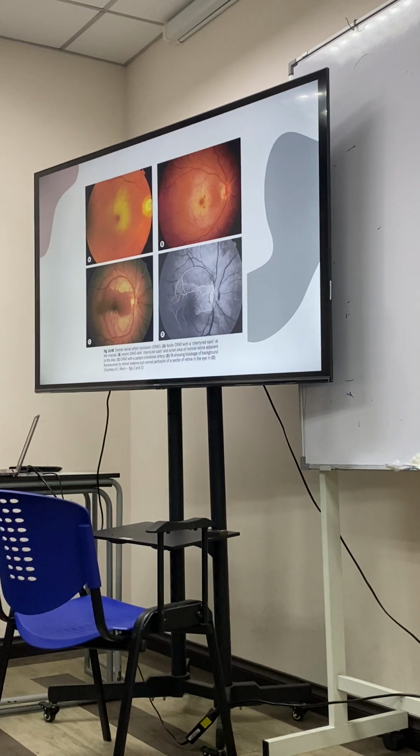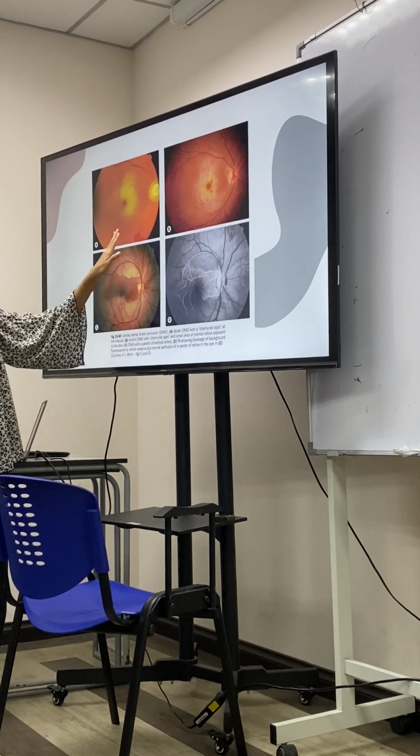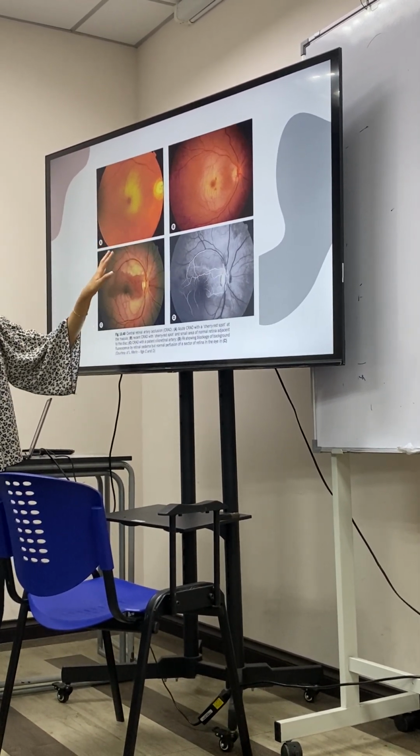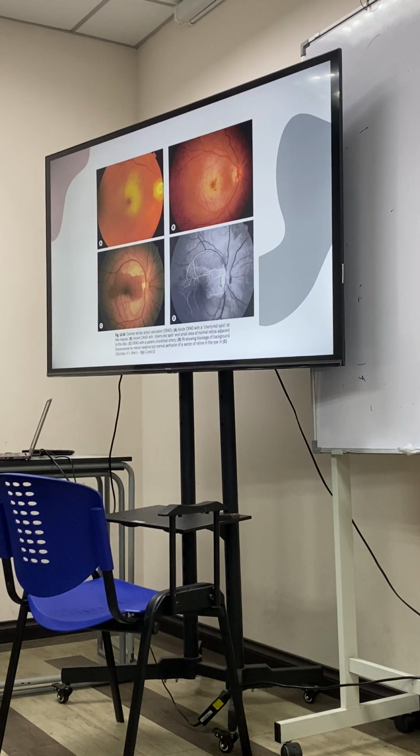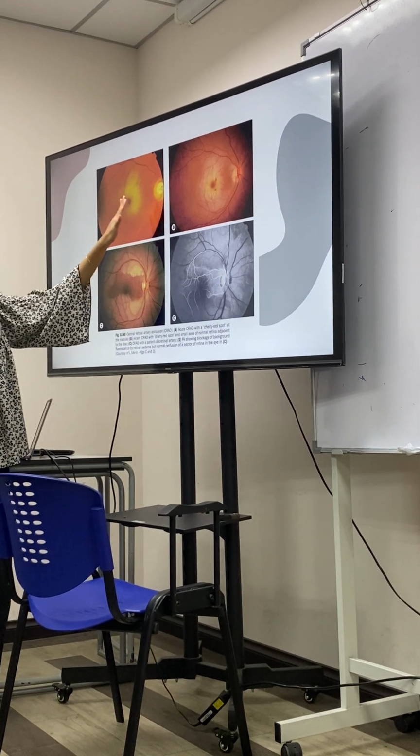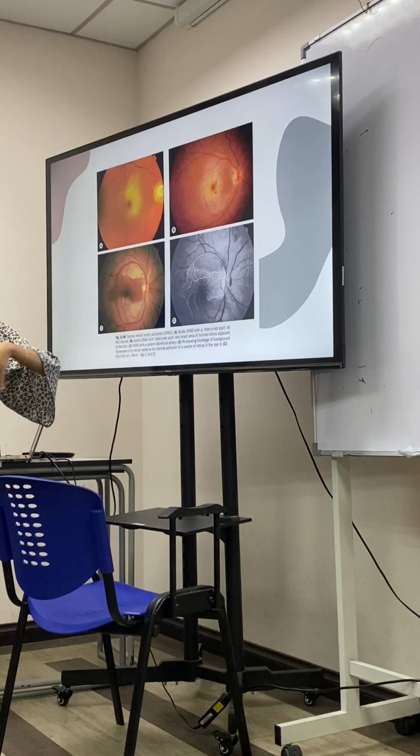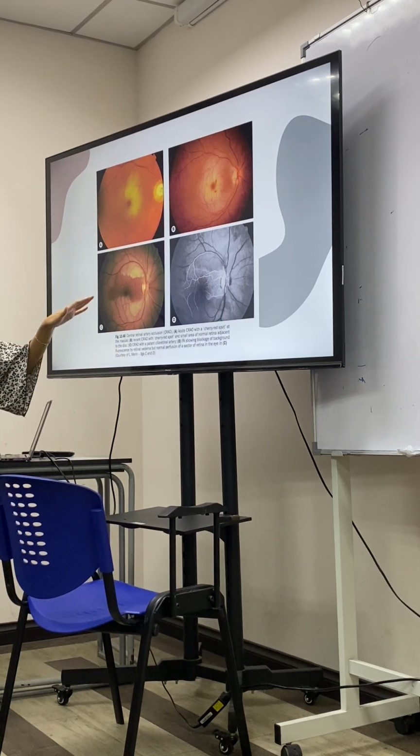Cherry red spot. Okay. Why can we see that it's very apparent, very visible? It is because the retina behind it undergoes ischemic changes, so it becomes edematous.